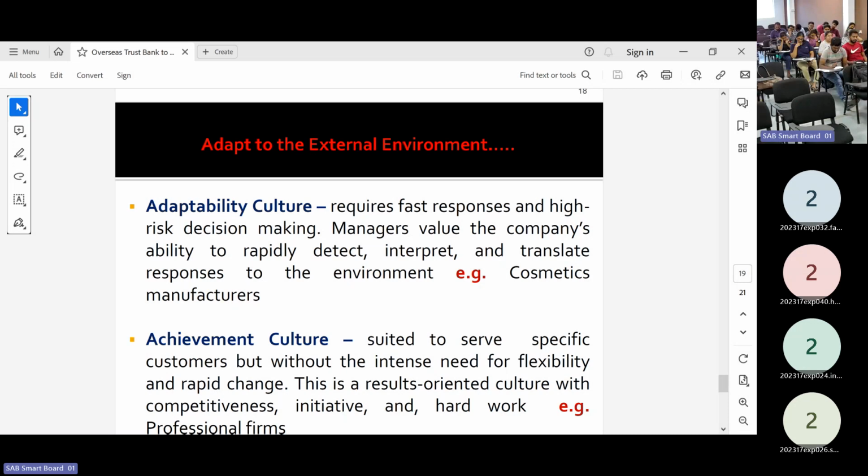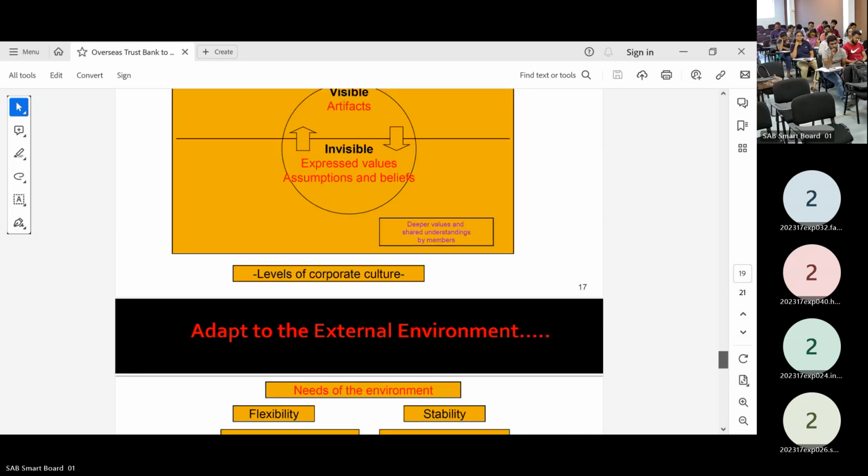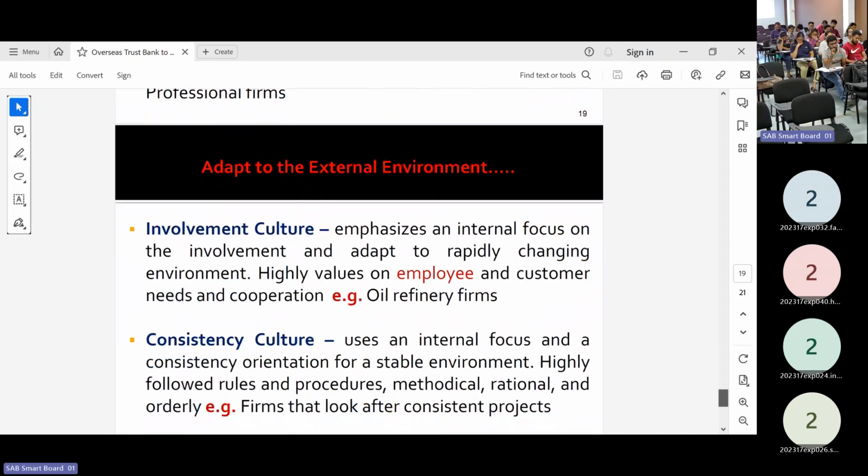A lot of deadlines are there, and they have to complete the task before the deadline.